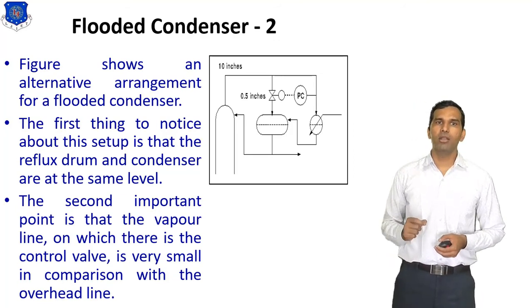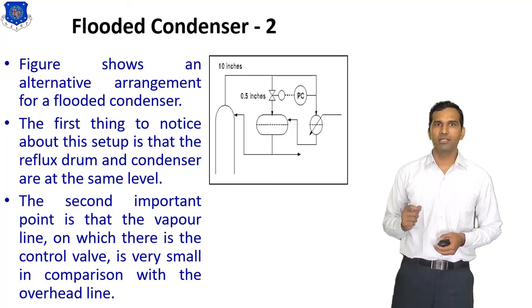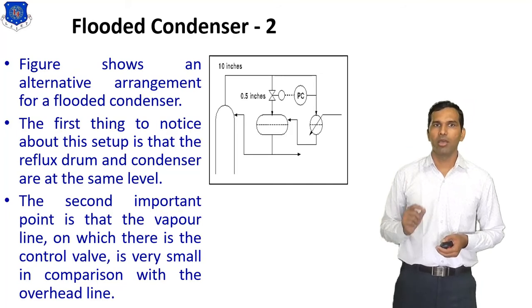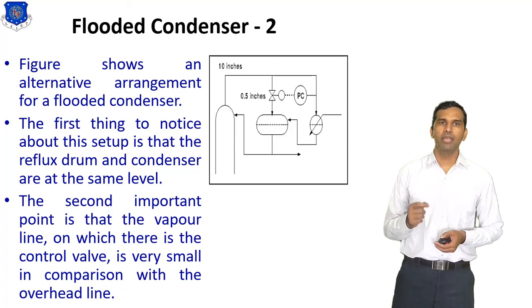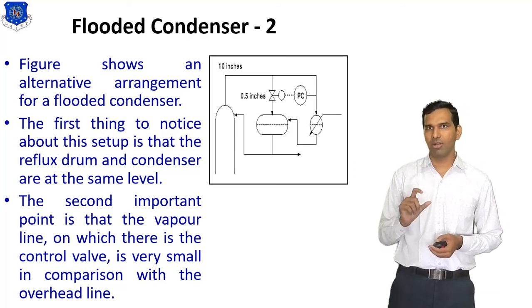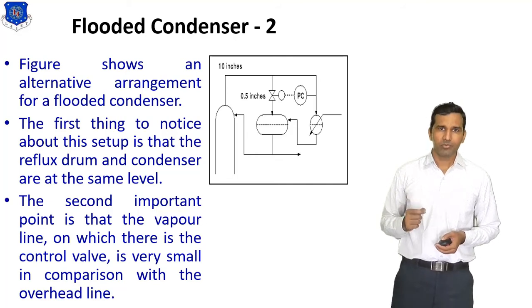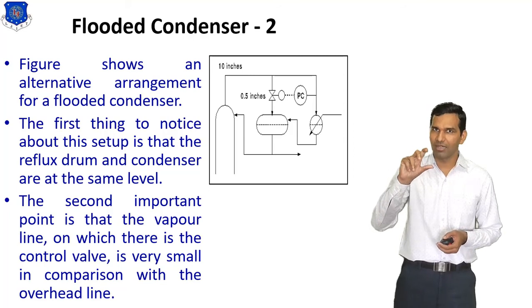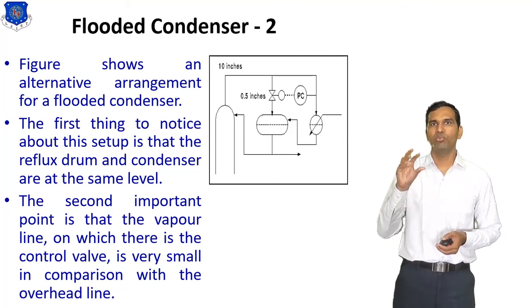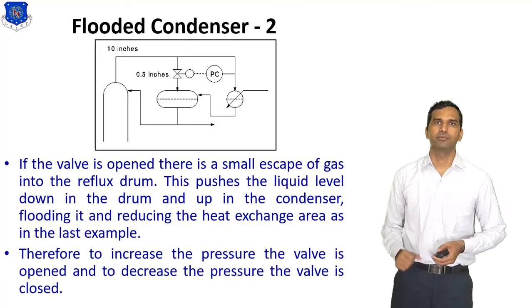The second important point is that the vapor line on which there is the control valve is very small in comparison with the overhead line. So the second comparison with the previous one is that the vapor line with the control valve, you can see in the figure, is very small in comparison with the overhead line.